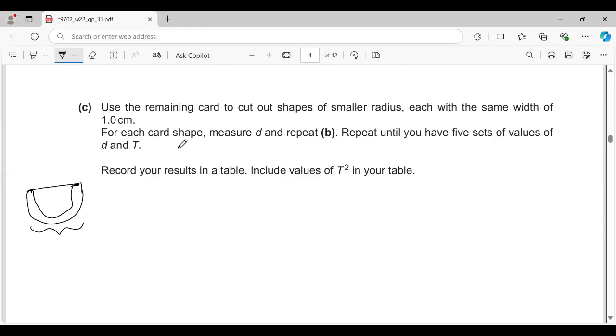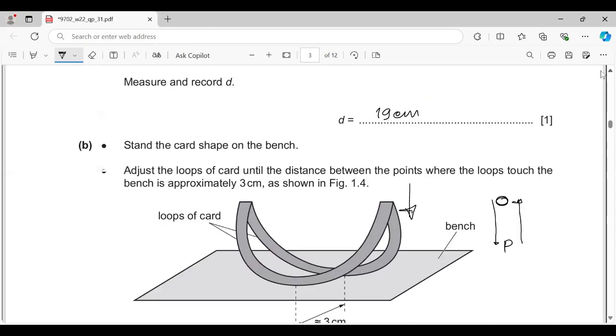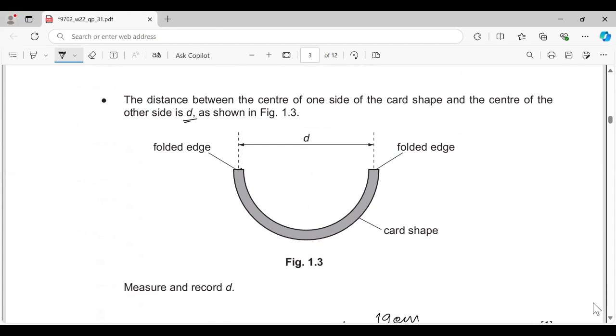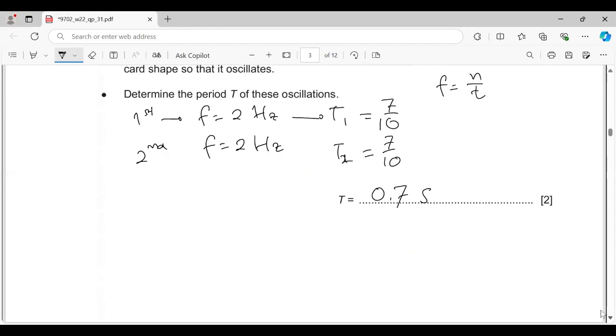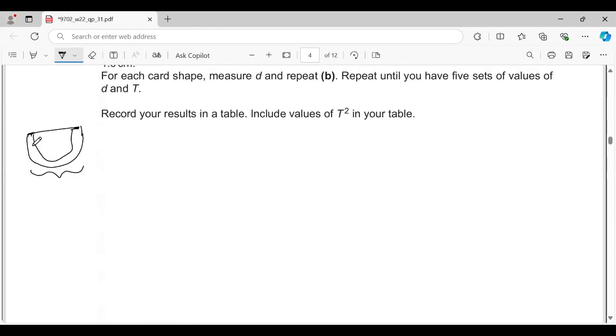Just now this 19 centimeters. So now we cut this area, and this 1 centimeter. It means 19 minus 1, and it will be 17.